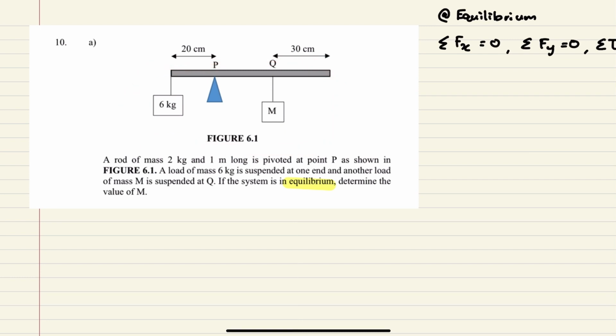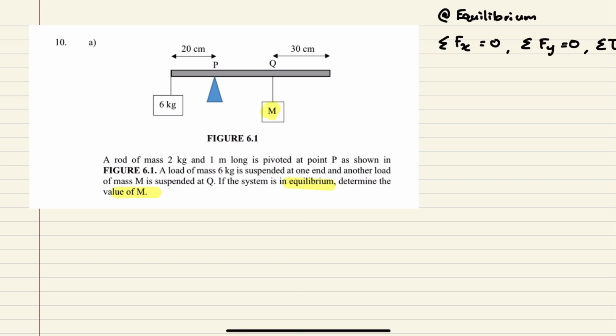Now back to this question. You want to draw the free body diagram. The question wants you to find the value of M, which is unknown. But if you want to draw the free body diagram, first of all you have to identify all the forces on this diagram.